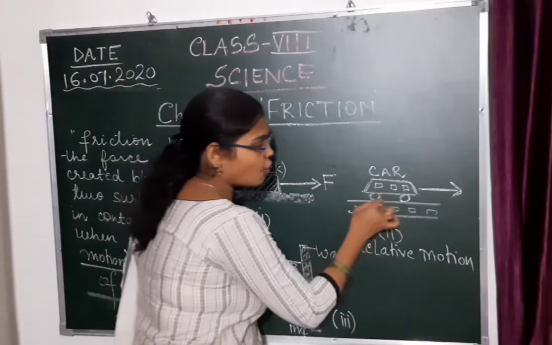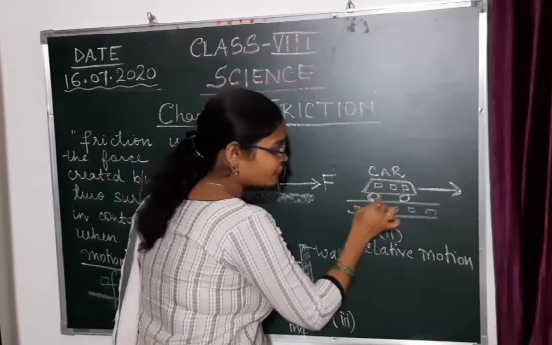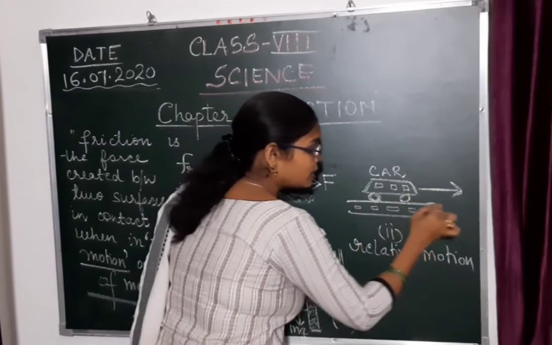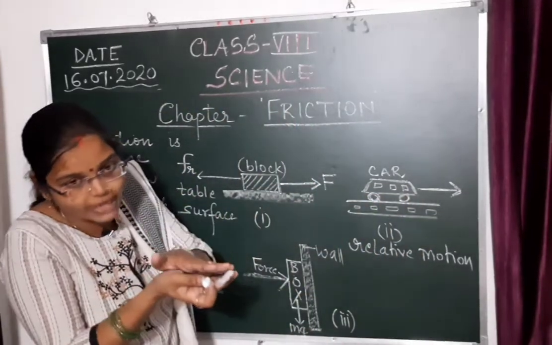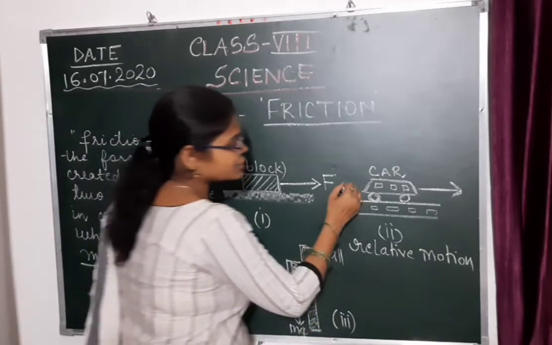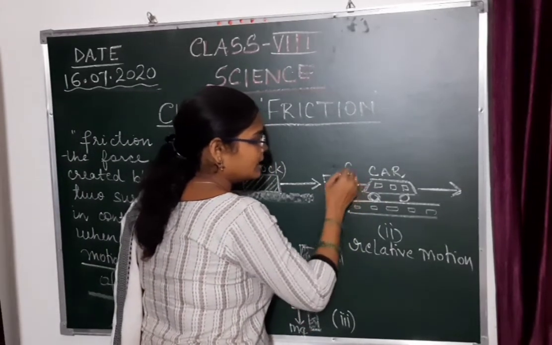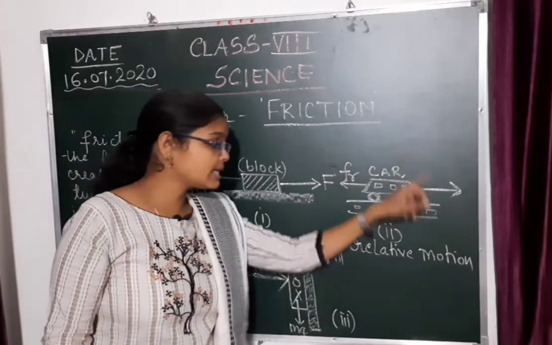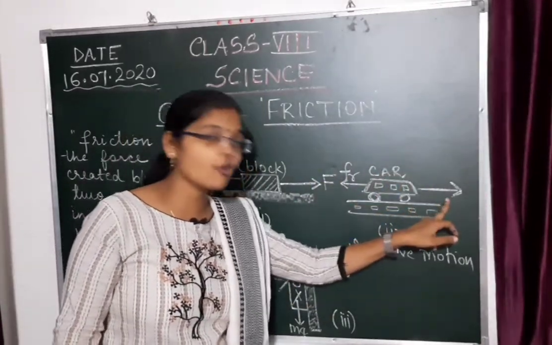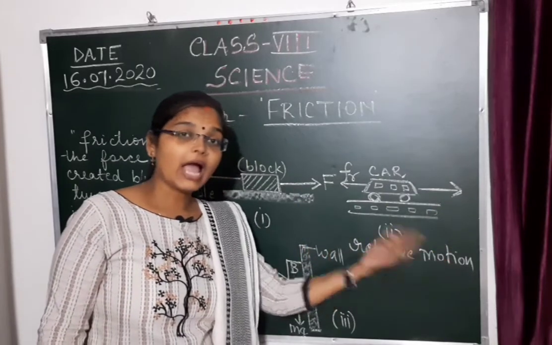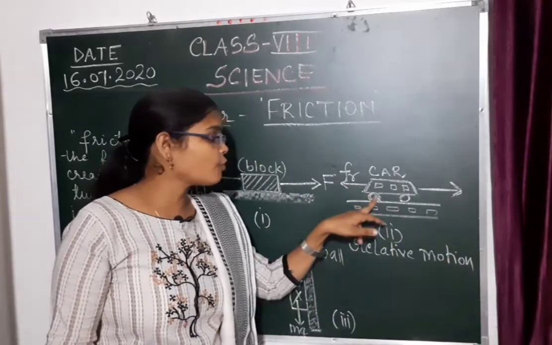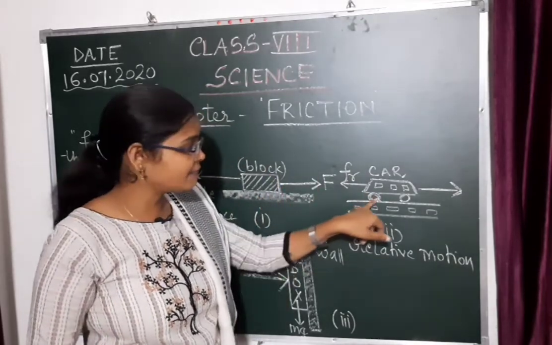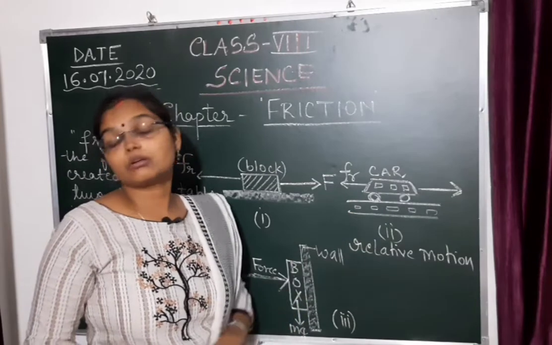The wheel of the car and the road surface, they are in contact with each other. So, frictional force will occur in this direction. Car is in motion. When we apply the brake, it gets stopped, and frictional force will occur between the point of contact, that is the wheel and the road surface.